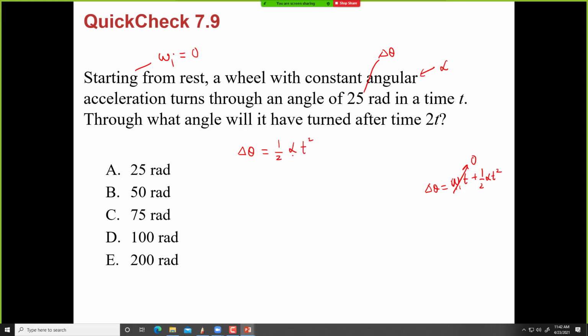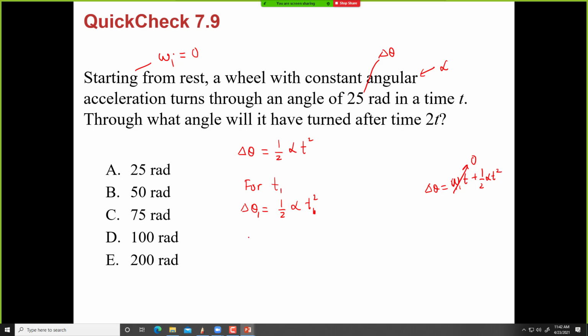You can use that. So for t, delta theta 1 would be 1/2 alpha t1 squared.